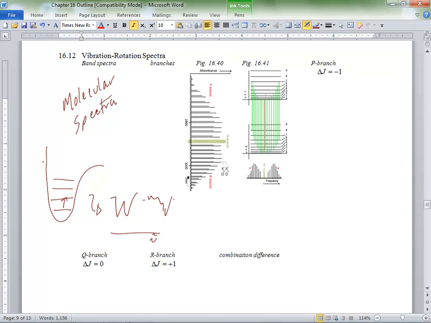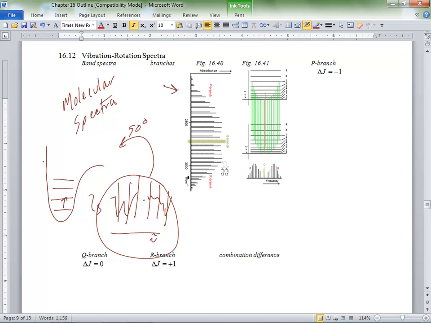If you take this whole thing and just rotate it 90 degrees, you would see all the energy levels. Can you imagine it? You'd see all the different vibrational energy levels. That's what they're trying to illustrate here. They're just taking an FTIR spectrum and rotating it 90 degrees to show that now you can see the vibrational energy ladder. Okay?